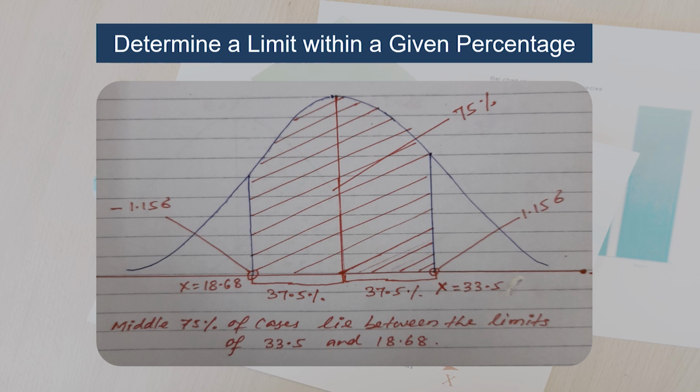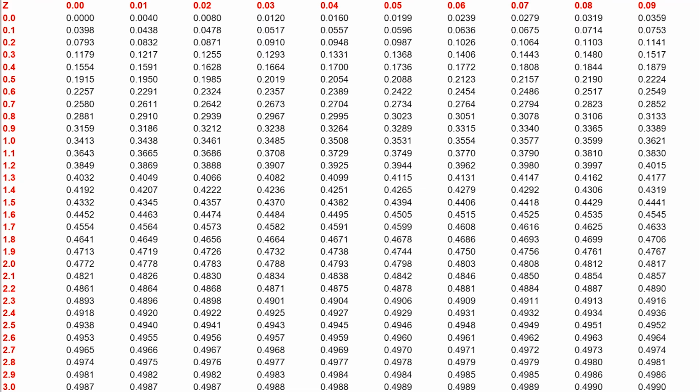So 75% divided by 2 is 37.5%. That means at the positive side 37.5% and also at the negative side the area is 37.5%. Then after getting 37.5%, next what you have to do, you have to follow the table.